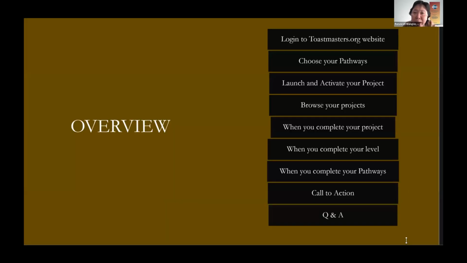Today, my objective is to help you navigate your pathway: log in to your Toastmasters website, choose your pathway, launch and activate your project, browse your projects, and what to do when you complete your project, your level, and your pathway, followed by a call to action and Q&A. You will get a certificate for each level completion and each pathway completion.